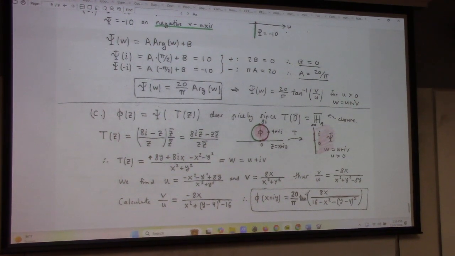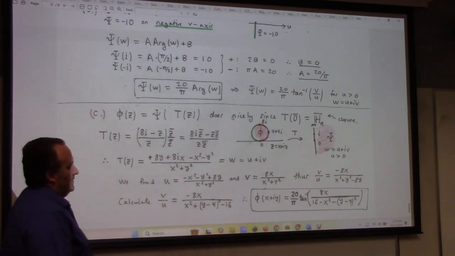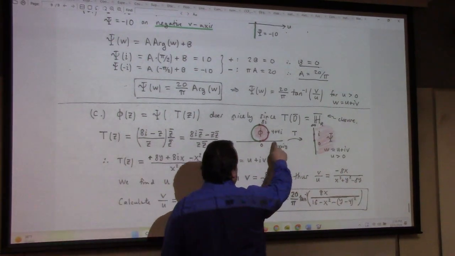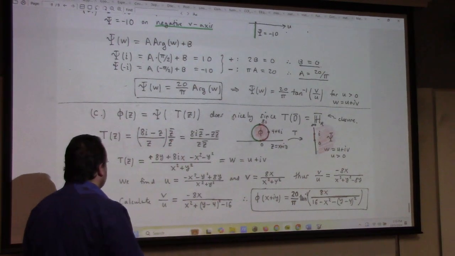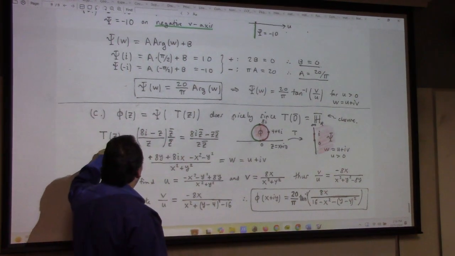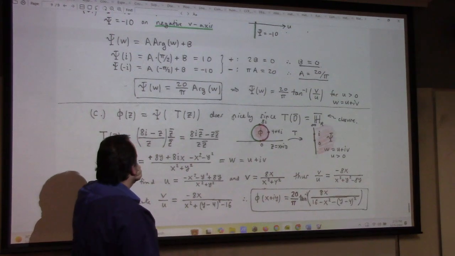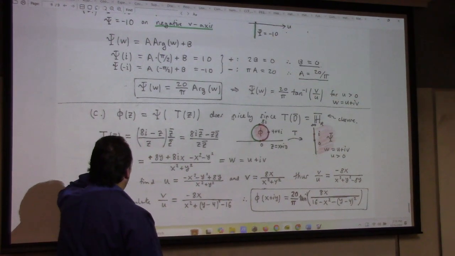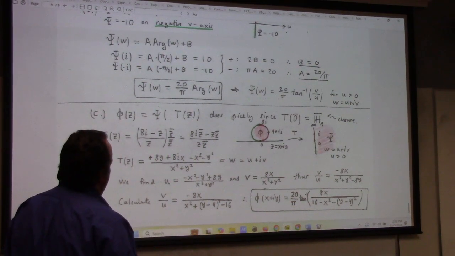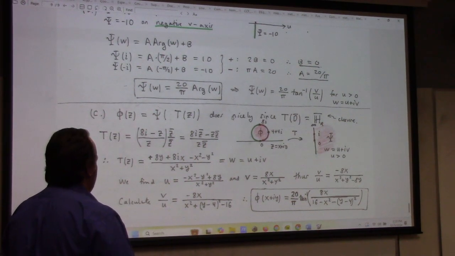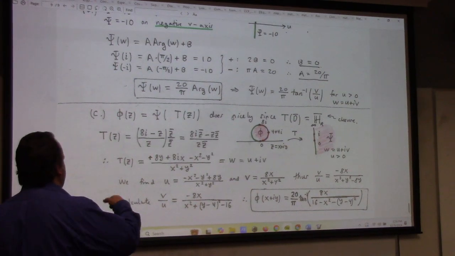So the thing is, this circle maps to that half plane under this map right here, T of Z. And I'm not sure why I did that Z Z bar. I must have been trying to make the formula nicer. Oh, it's so I was trying to make it Cartesian.